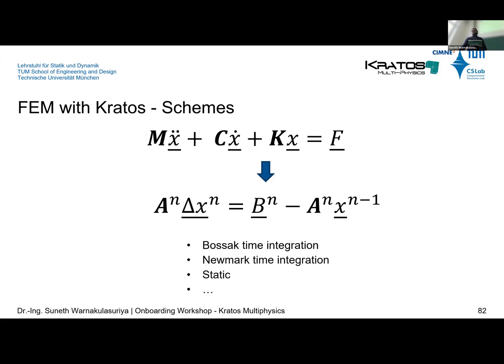I don't know in the future, but not yet. So we need to simplify everything to Kx equal F at the end. It doesn't matter that you have time integration, how complicated your code is, or that you do multiphysics. We always need to simplify to Kx equal F. That's what the scheme is, because it knows the relationship between x double dot, x dot and x. So somehow it does some things and then produces a K, which is this A here, and delta x n equals this, the residual formulation. Basically, that's it.